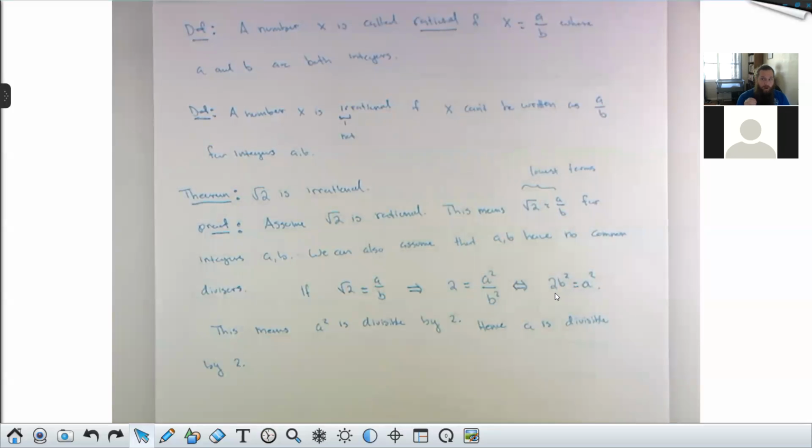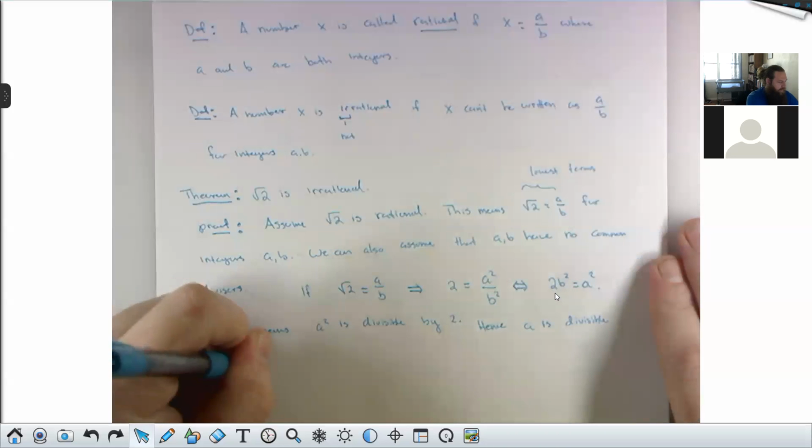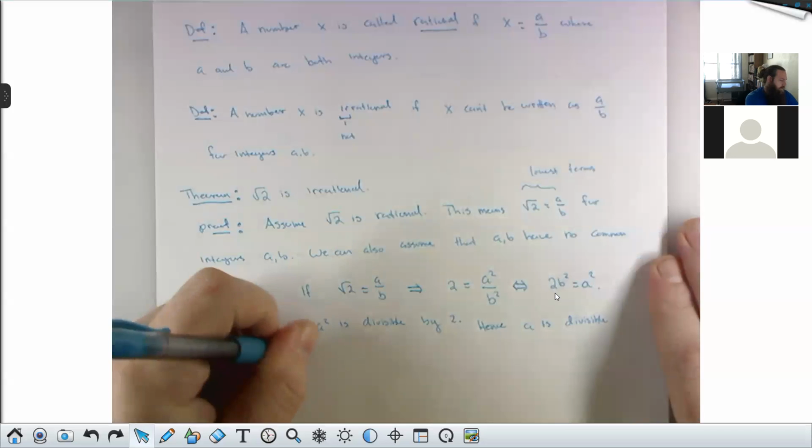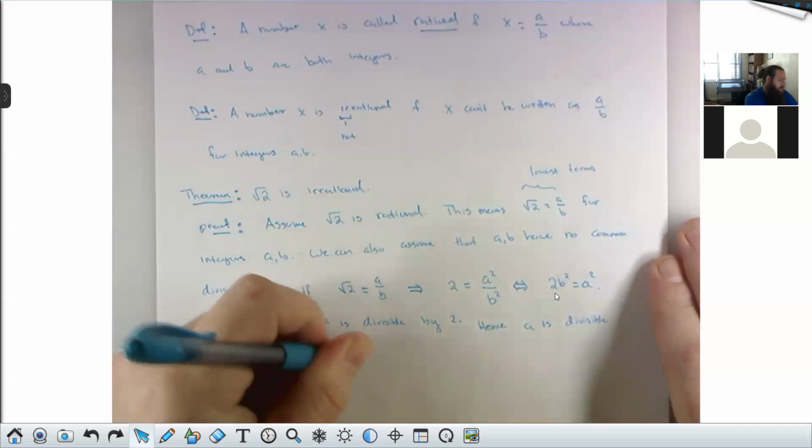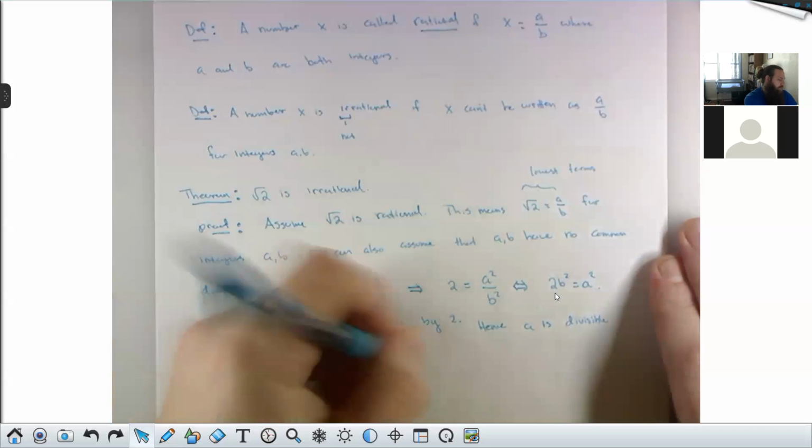Since 2 is a prime, the only way you can have the square of your number divisible by that prime is if that prime is in the original prime decomposition of your number, which means the square of that prime is in the prime decomposition of the square. A must be divisible by 2, i.e., a squared is actually divisible by 4.